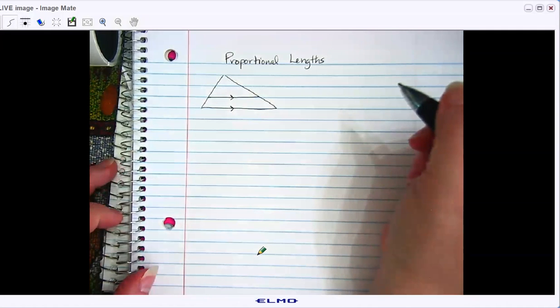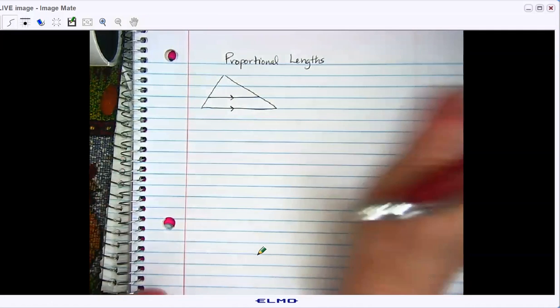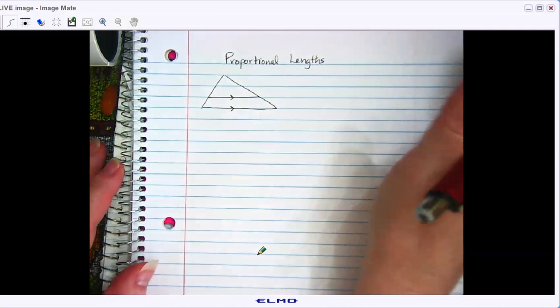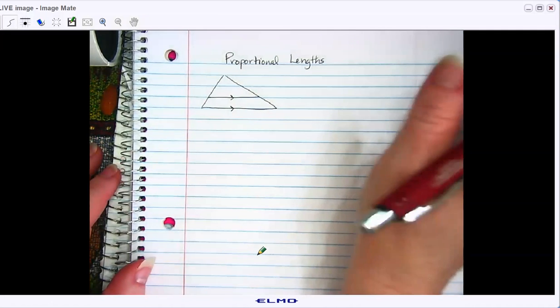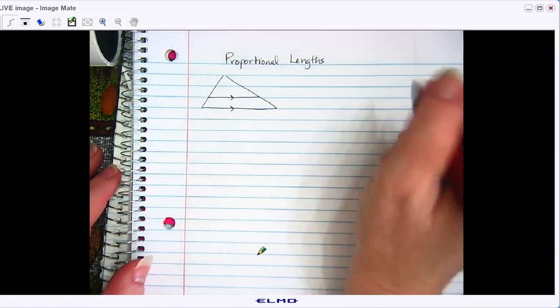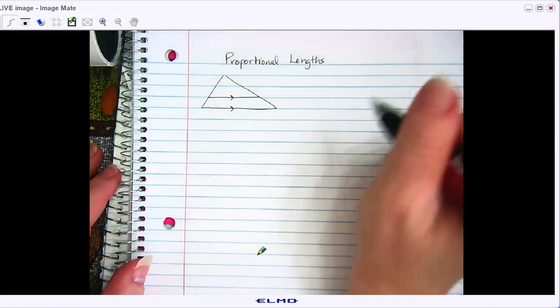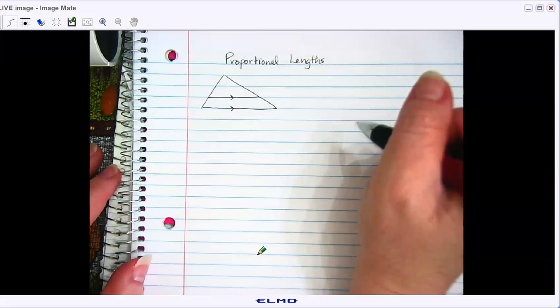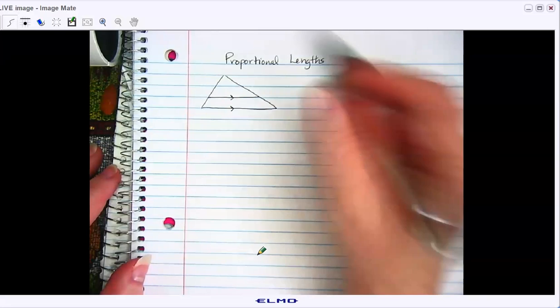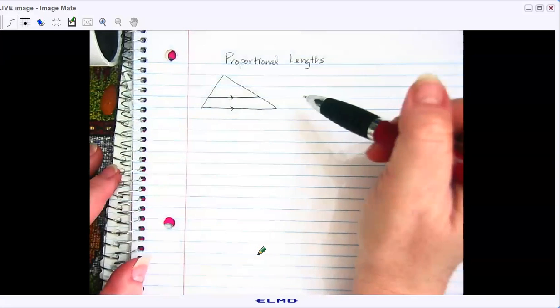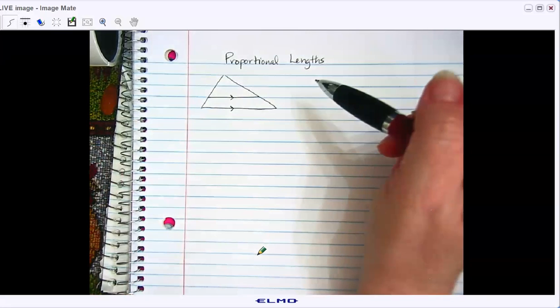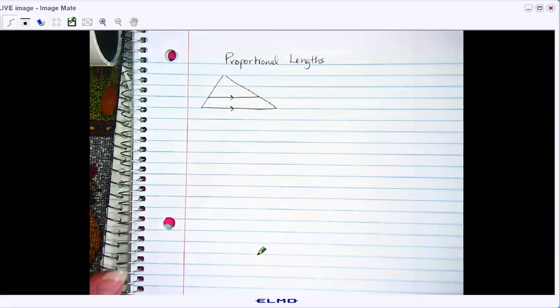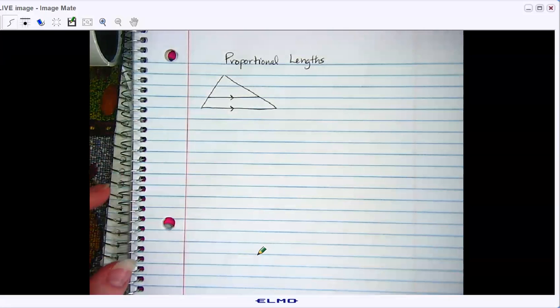We're going to talk about this more in terms of parts than lengths for a minute. The book labels all of these parts with letters, and the letters get really confusing. I want you to have the ideas or the concepts more so than the letters. Okay, so here's what I mean.